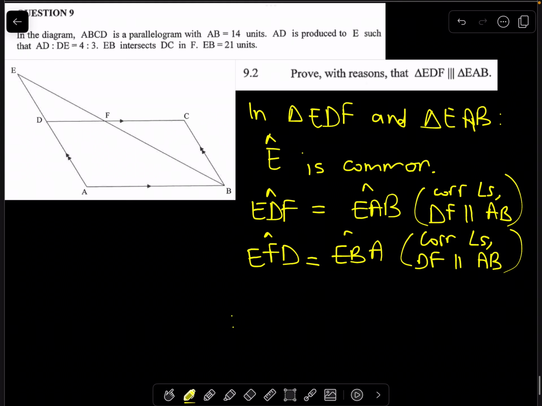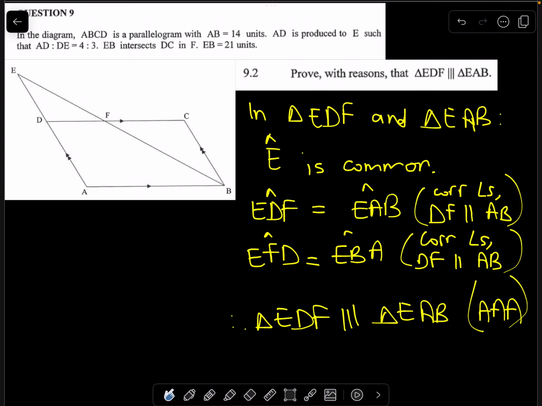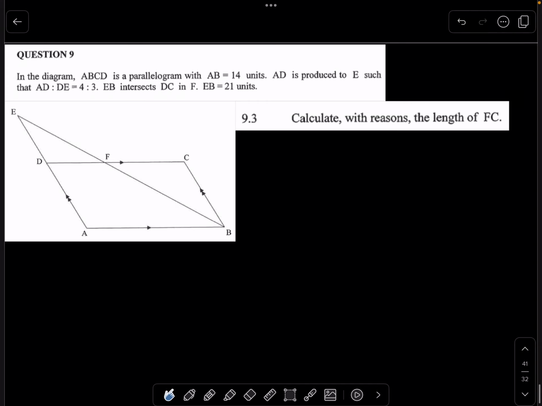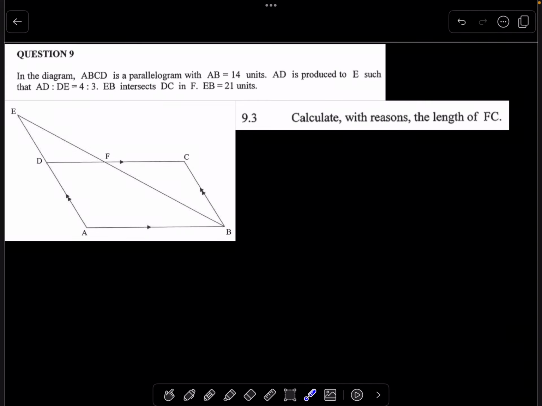And so this proves that triangle EDF is similar to triangle EAB, and the reason is they have the same set of angles. Okay, and then the last question says, calculate with reasons the length of FC.